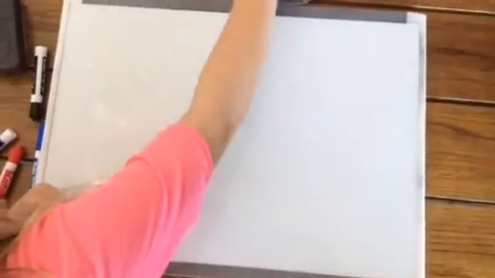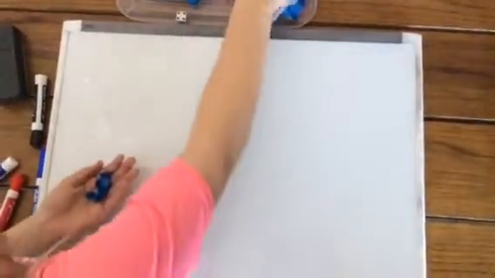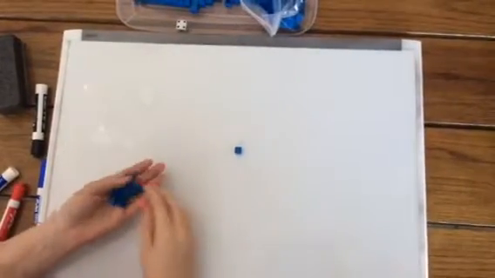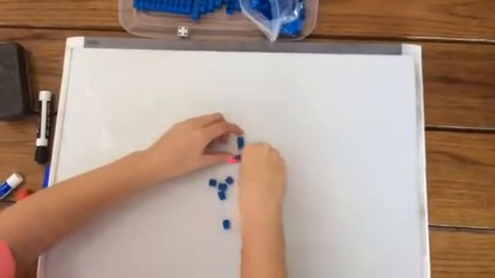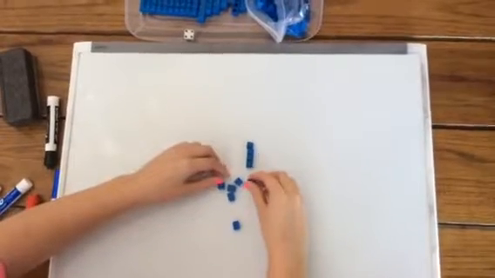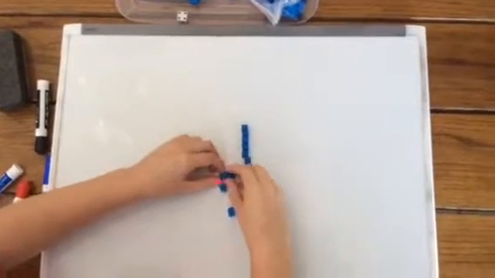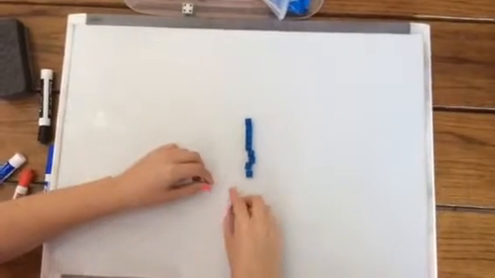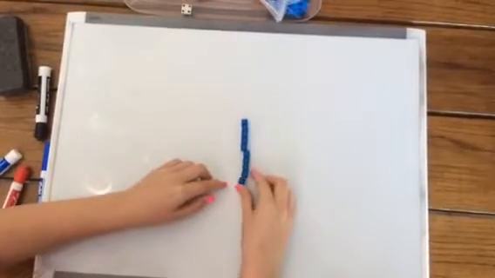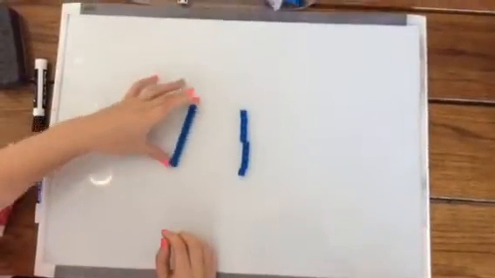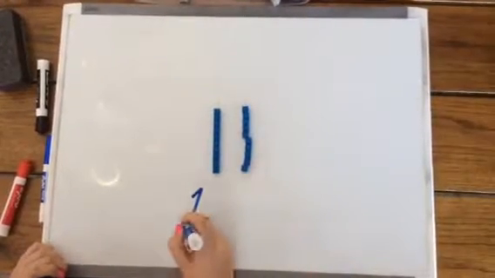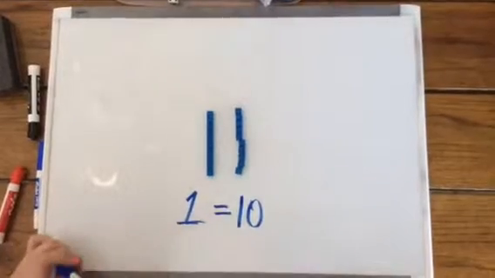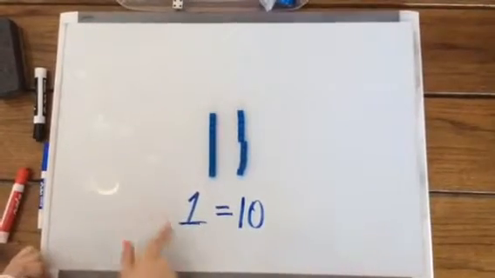For example, I have 10 single units equal 1 rod. So you can use the blocks to represent a number.